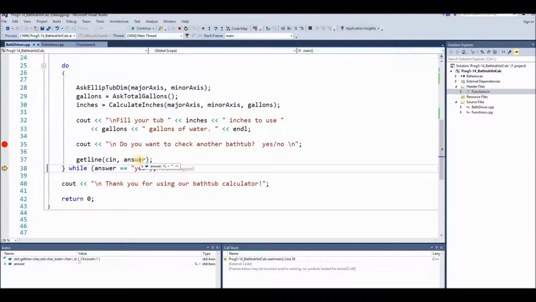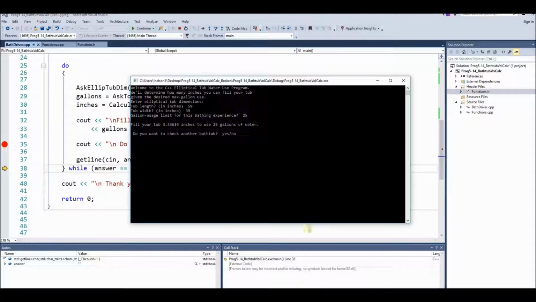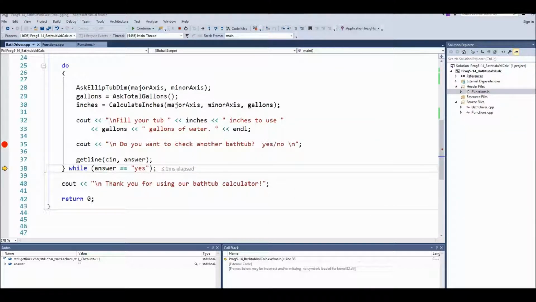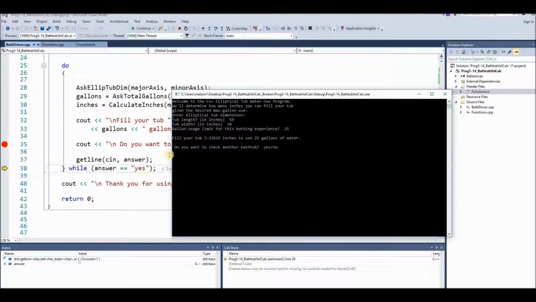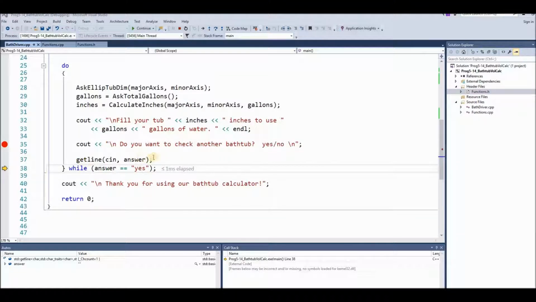Because it didn't even give me a chance to put in my answer. See? I'm right here, and it won't accept yes. Whoops, let me show you. It won't accept me putting in yes or no. It is not accepting my answer because it went right past it.